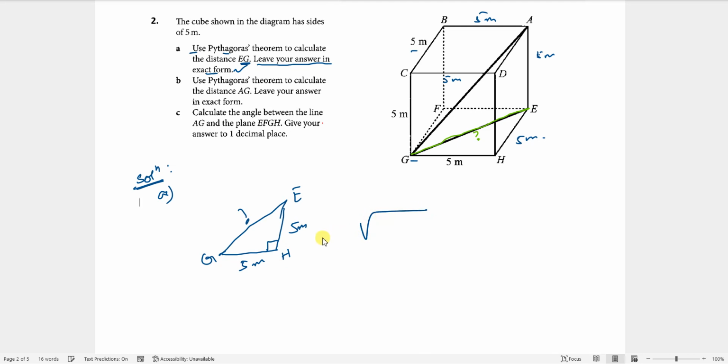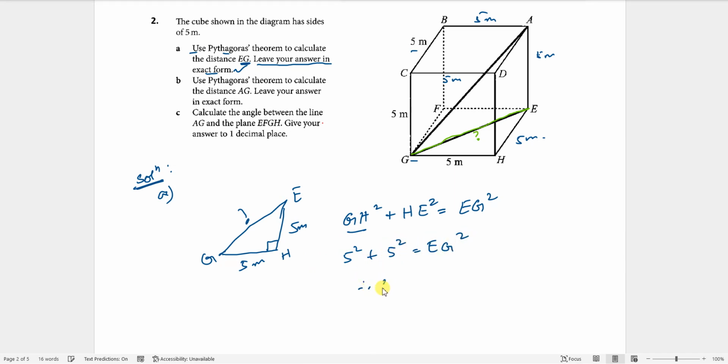So you're gonna get, using Pythagoras theorem, GH square plus HE square is equals to EG square. So GH square is 5 square plus HE square is 5 square is equals to EG square.